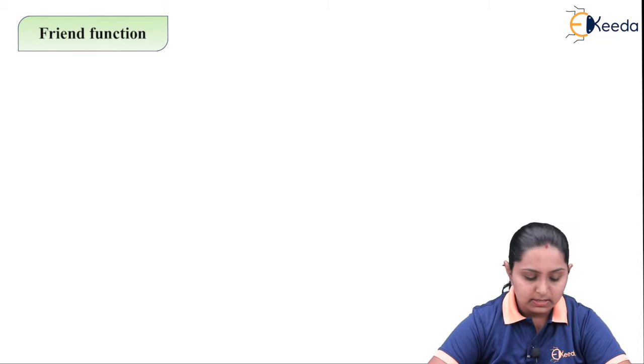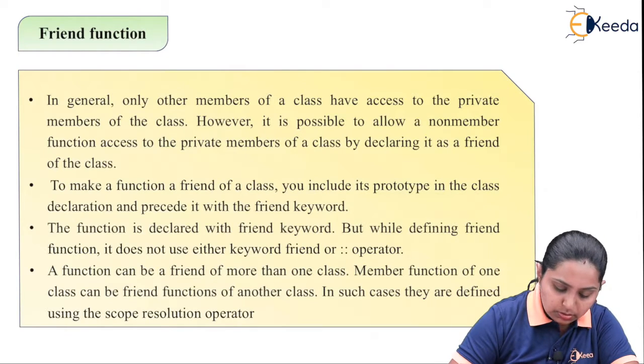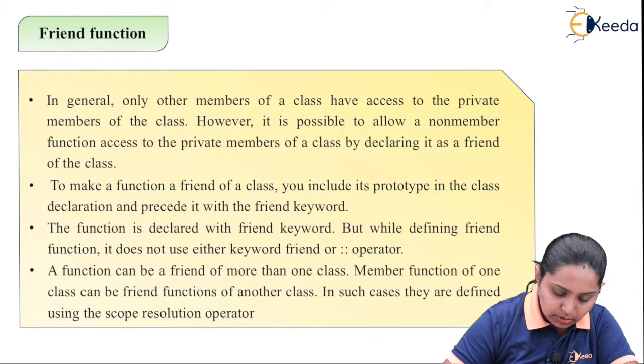We'll see in detail. In general, only a member of a class has access to the private members of the class. However, it is possible to allow a non-member function access to the private members of a class by declaring it as a friend of the class.